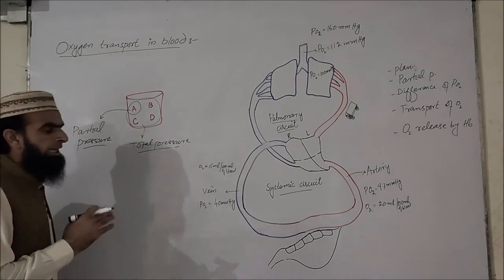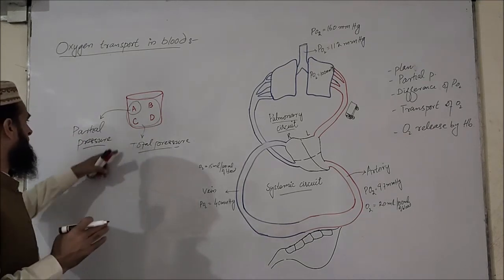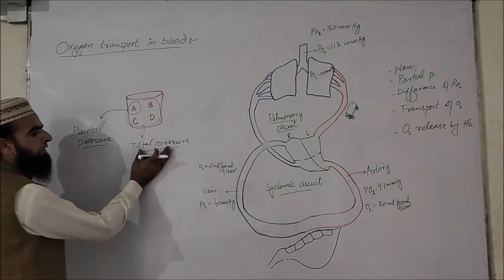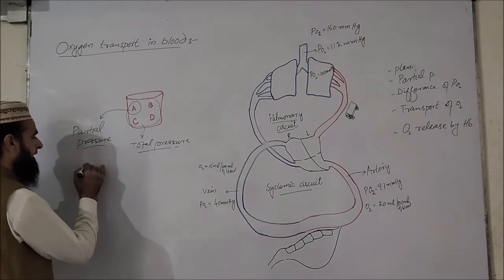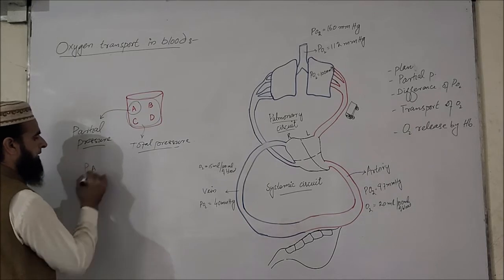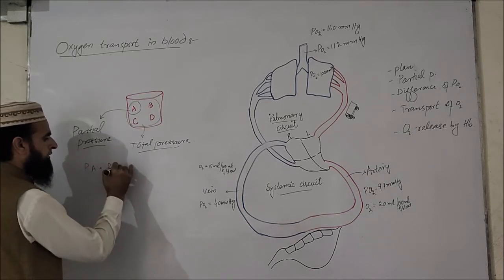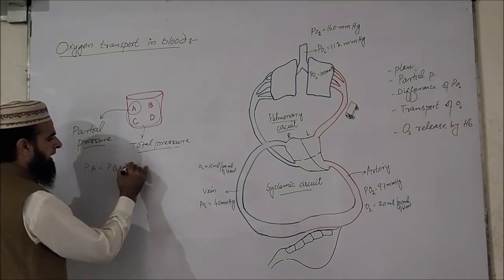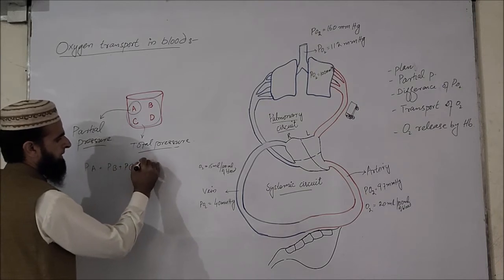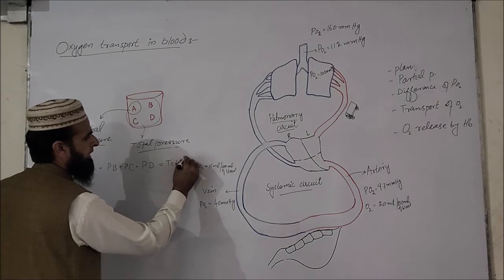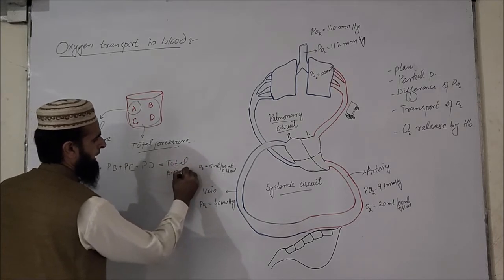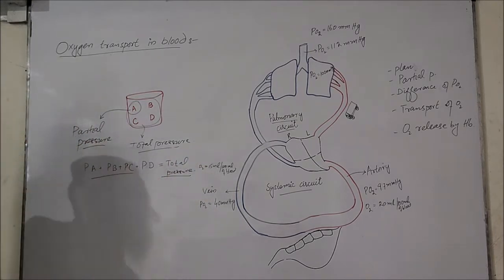So now we can calculate the total pressure from the partial pressures. If you want to calculate the total pressure and you have the partial pressures, then the partial pressure of A plus the pressure of B plus the pressure of C plus the pressure of D is equal to the total pressure. That can be mathematically calculated in this way.